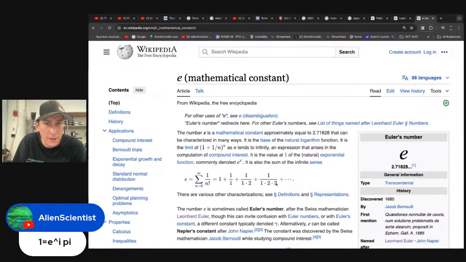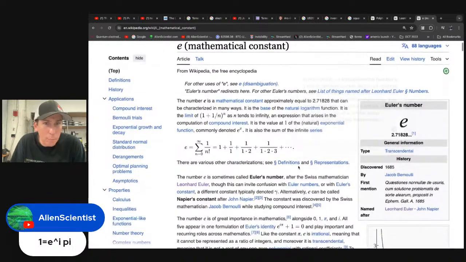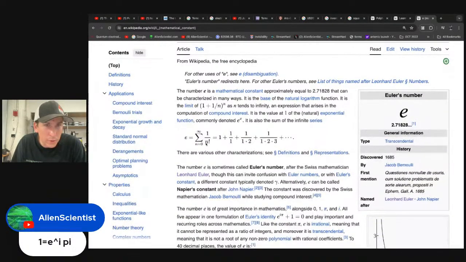And as the terms keep getting smaller, they add significantly smaller contributions. So it starts with 2, and then a half, and then a little bit, and then a little bit, and if you keep adding those little bits up, you'll get to about 2.718.